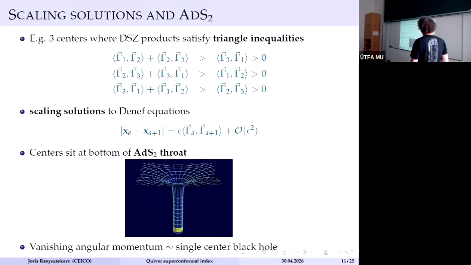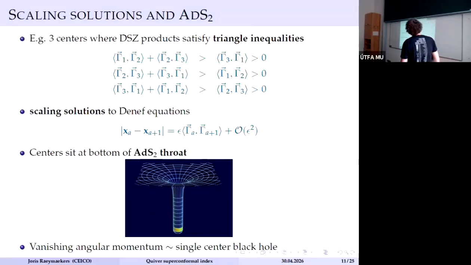You could imagine a case where these inner products satisfy triangle inequalities, meaning that they could each be the side of a triangle. Then you can construct solutions to these Dirac equations by saying that the distance between the branes is proportional to these inner products multiplied by some small constant epsilon.